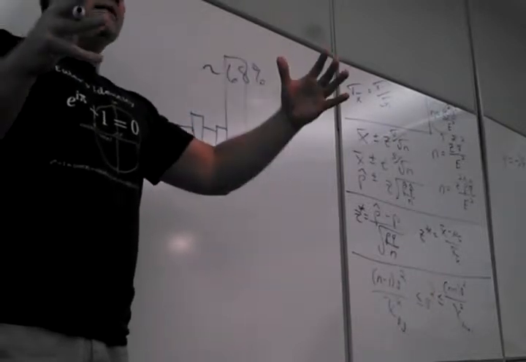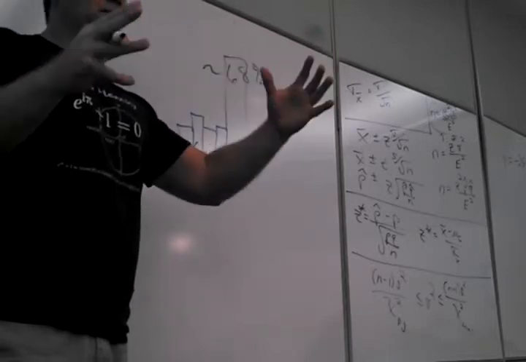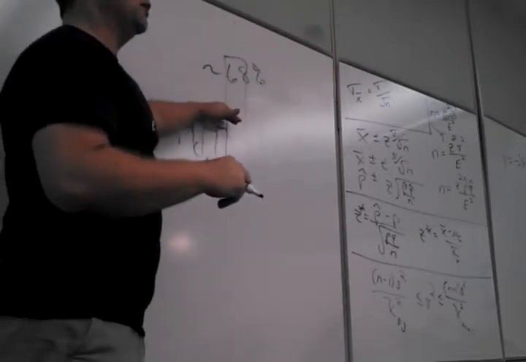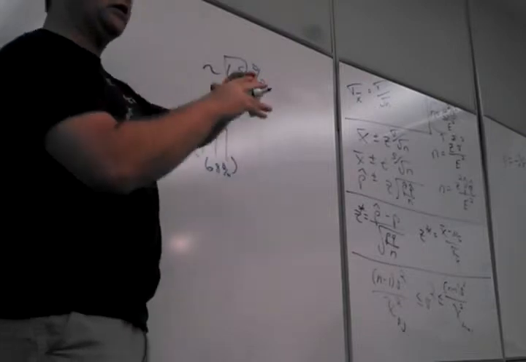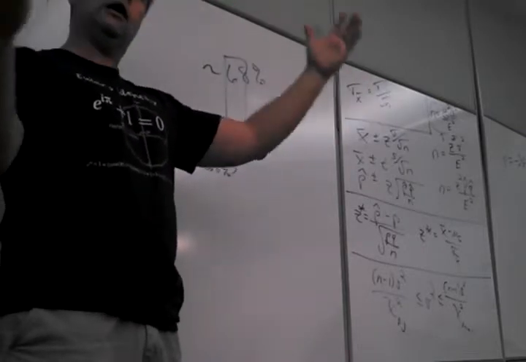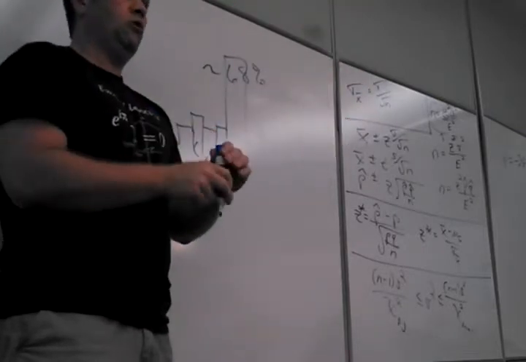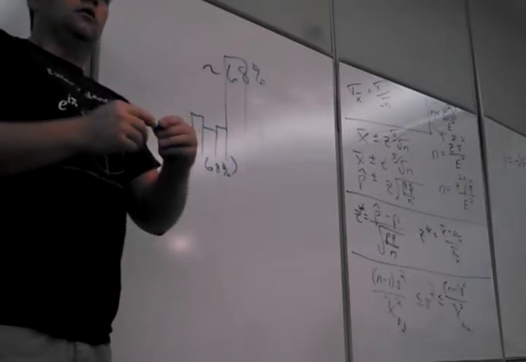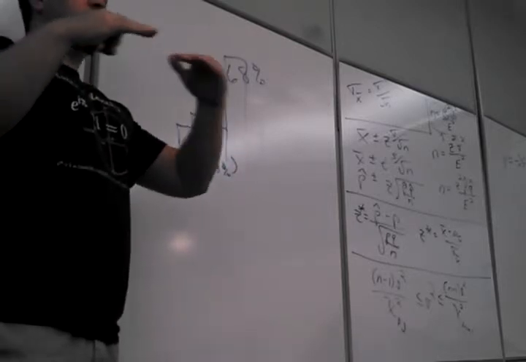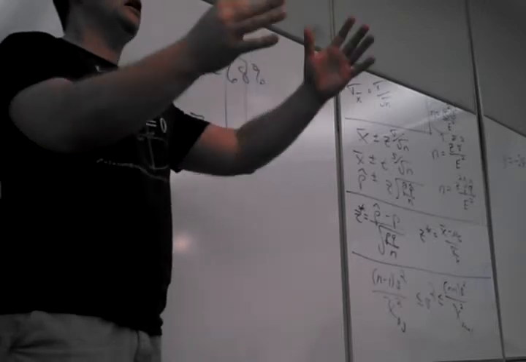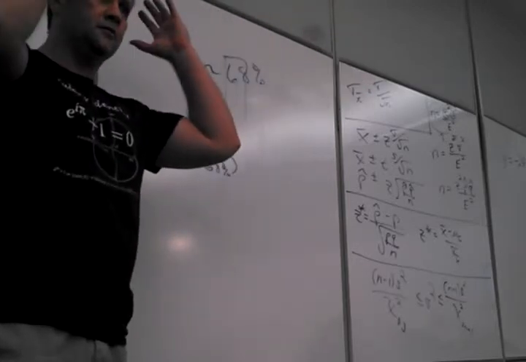But the more important thing is, does it have the right shape? So the first thing you check is, does it have the right shape? And then if it also has 68% within 1, 95% within 2, you're like, yeah, it looks pretty normal. In fact, the very first thing we did when we started graphing histograms, how did we tell if something was normal? We looked at its shape.